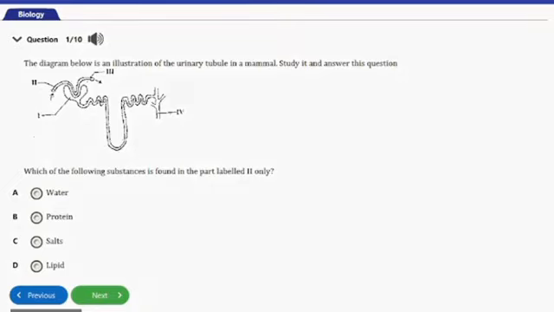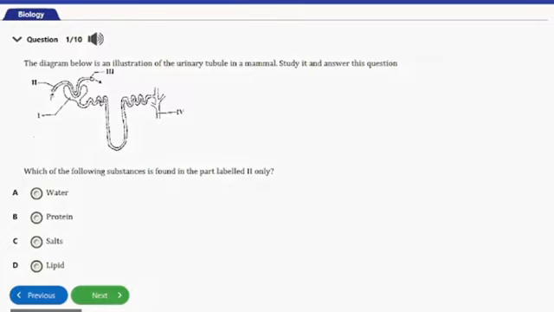The correct answer to this question is option B, and that's the protein. This is because when the plasma proteins get down to the glomerulus, they will not be filtered into the Bowman's capsule, because the plasma proteins are not to be excreted via this tubule. So they will not pass through the glomerulus to enter the Bowman's capsule.